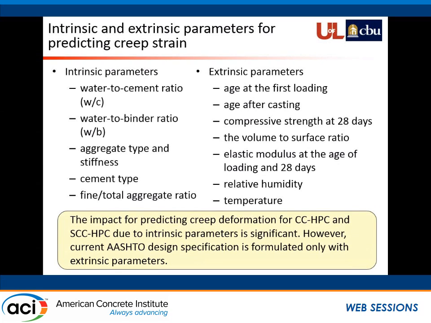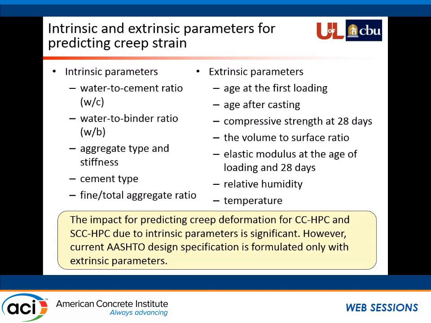When we look at the difference between intrinsic parameters and extrinsic parameters, intrinsic parameters are based on the material proportions, like the water-cement ratio and water-to-binder ratio, aggregate type or stiffness, cement type, fine-to-total aggregate ratio, and also slump flow or slump.